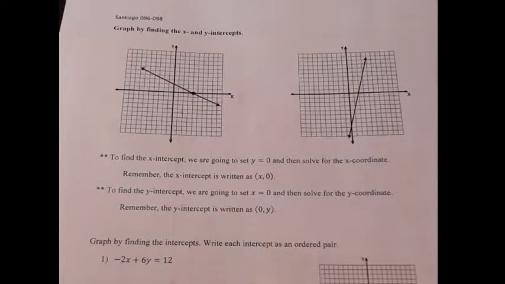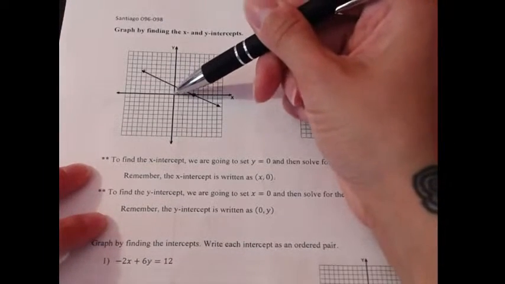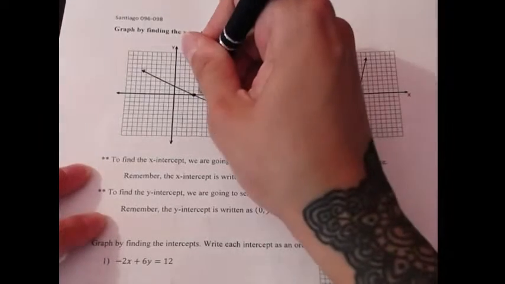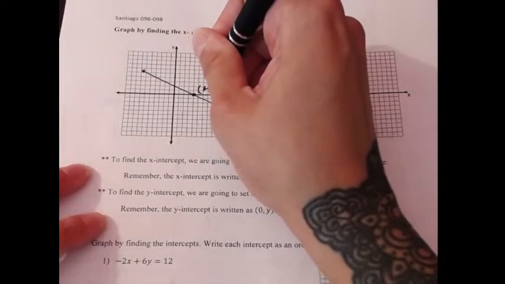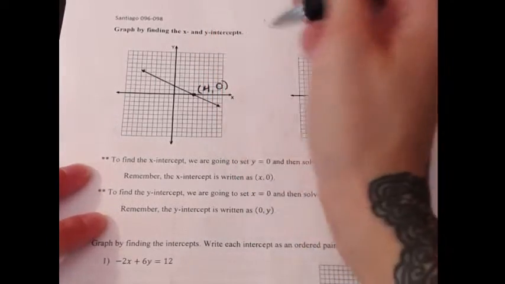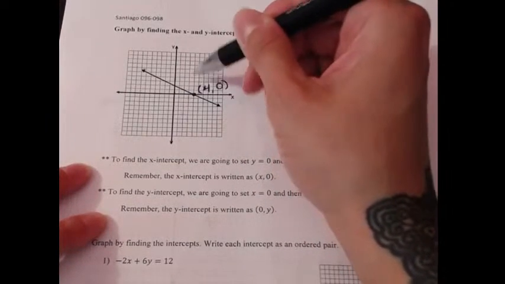Carefully reading the graph and imagining that each of these represent one unit, this is going to be 1, 2, 3, 4. So my ordered pair is going to be 4, comma, 0. Right? I moved 4 in the positive x direction, but I did not move up or down.